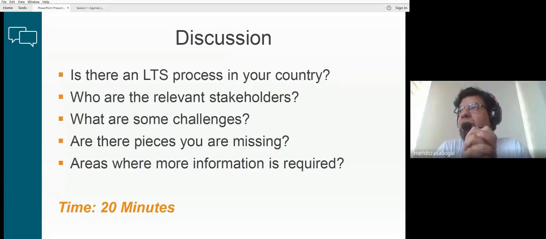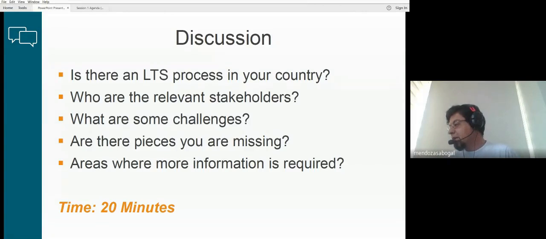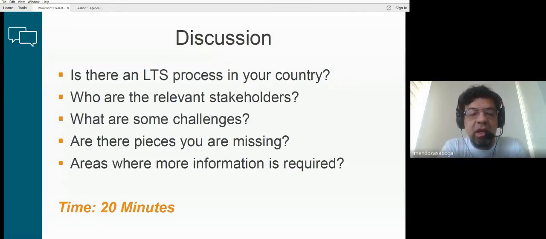Okay, thank you. In the Colombian case, the leader of this process is the Ministry of Environment and Sustainable Development, and of course, within the relevant stakeholders, we have almost all the different ministers in the country and the public agencies like a national planning agency.